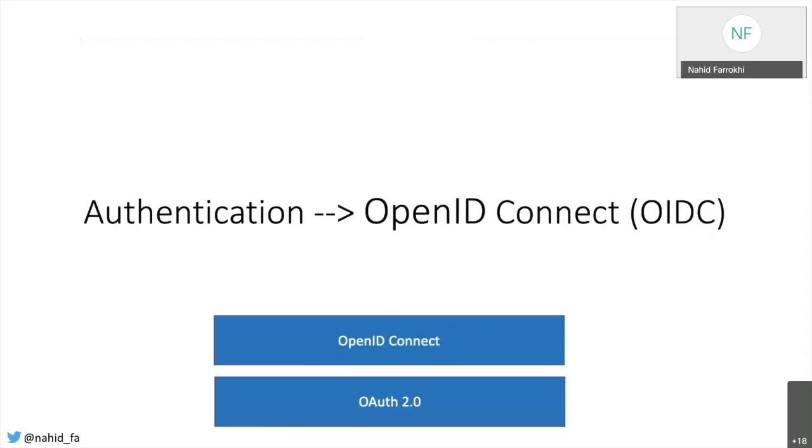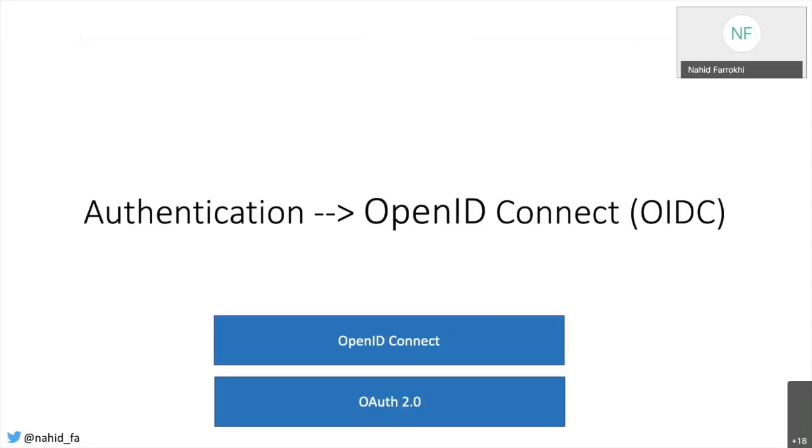It came into the picture as a simple identity layer on top of OAuth, extending OAuth 2.0 for authentication scenarios. It is developed by the OpenID working group, and I tried to show in the picture that OpenID Connect stands on top of OAuth 2.0.